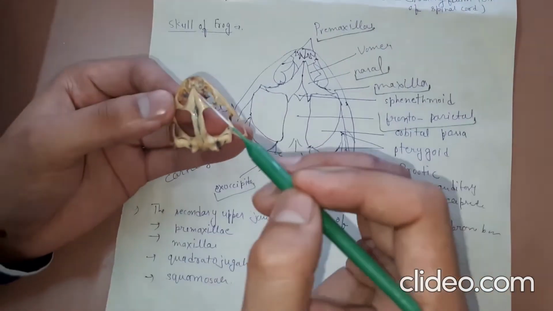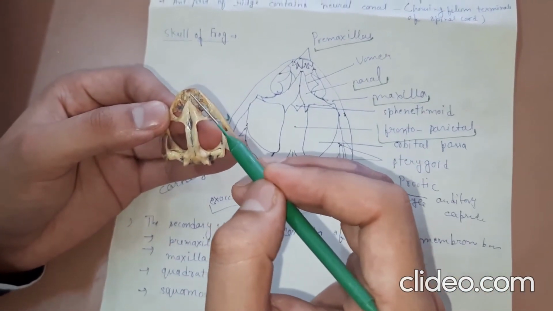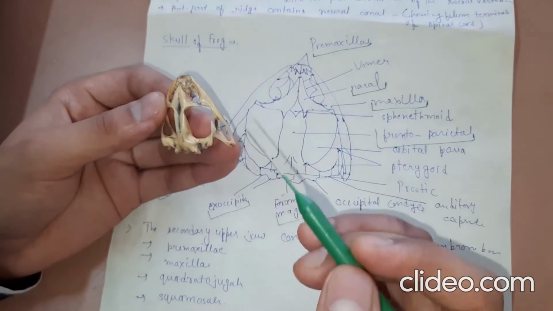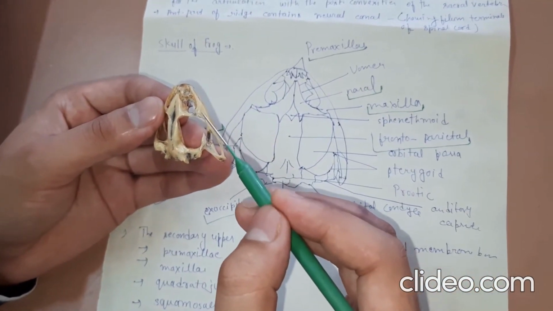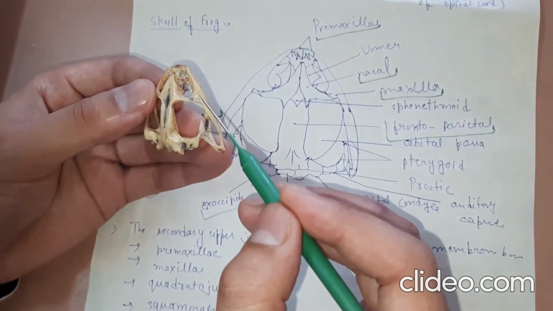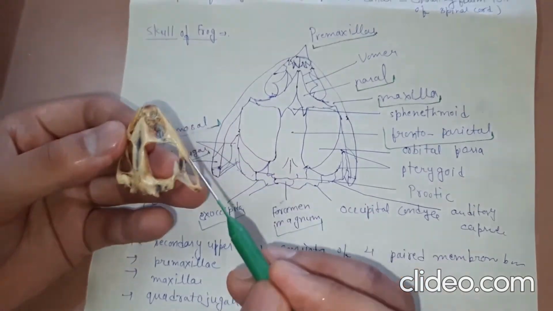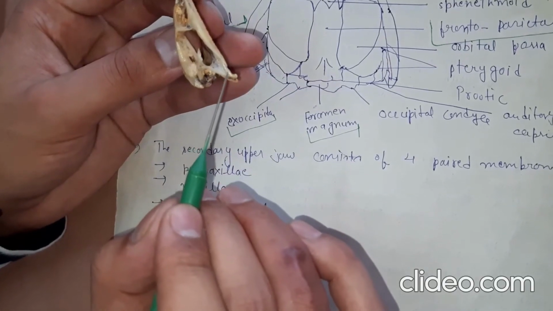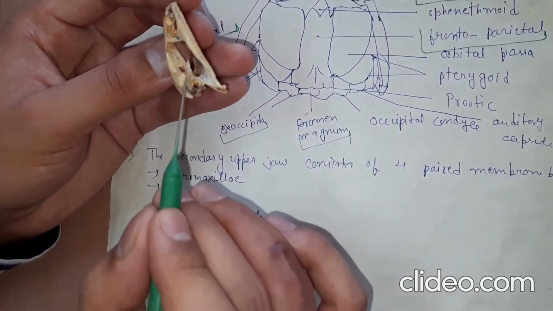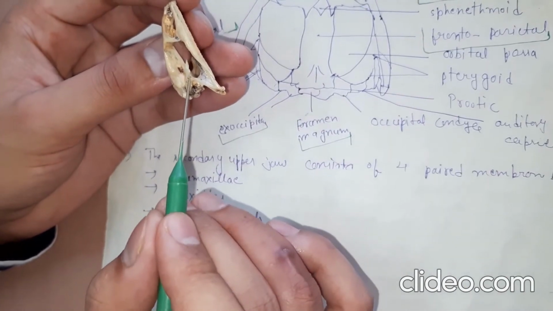And here this is the premaxillary part of the skull, and this area is maxillary. You can see here this area is quadratojugal, and this area is squamosal.